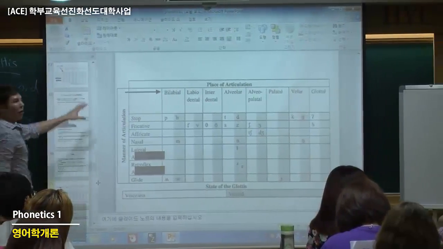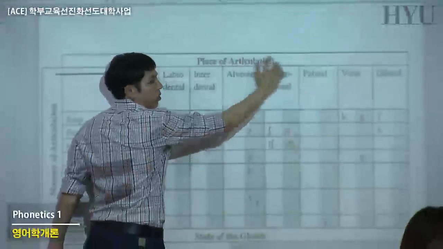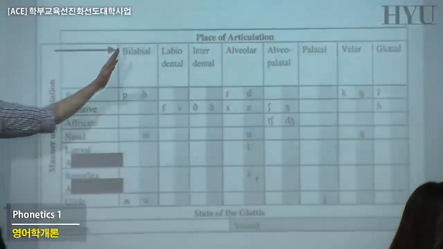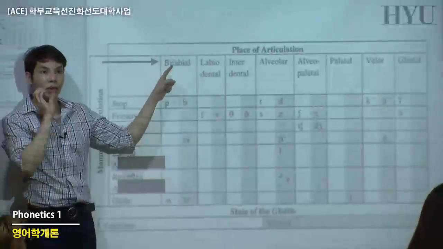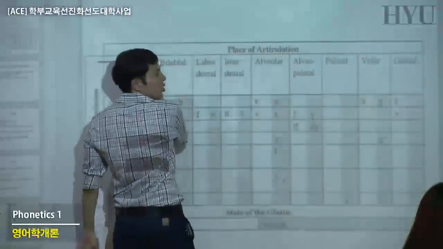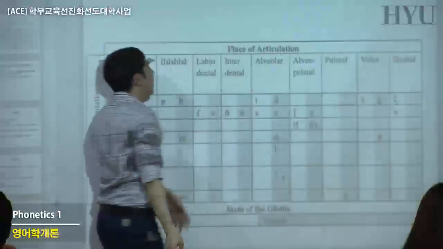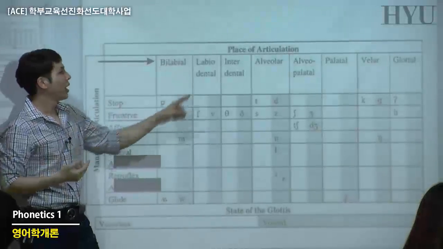So on the table, place of articulation is horizontal here. Okay? From this part, which is the outermost part of the mouth, to the innermost part of the mouth. Outer to inner, right? The bilabial is outermost. You use two lips.